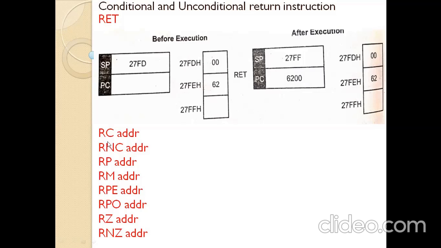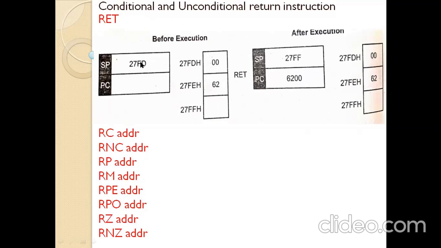RC means return carry. RNC means return no carry. Return plus, return minus, return parity even, return parity odd, return zero, return non-zero. These are called conditional. RET means unconditional. Before execution, nothing is available in the program counter.